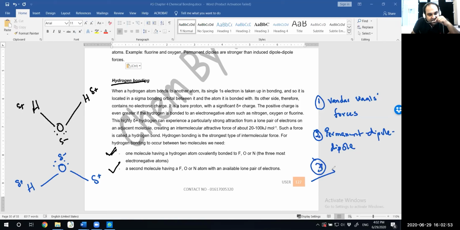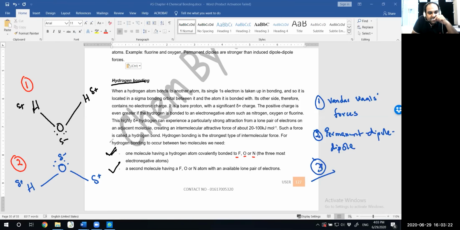What are the circumstances? Let's take this as molecule number 1 and this as molecule number 2. For hydrogen bonding to occur between two molecules, we need one molecule having a hydrogen atom covalently bonded to either fluorine, oxygen or nitrogen.